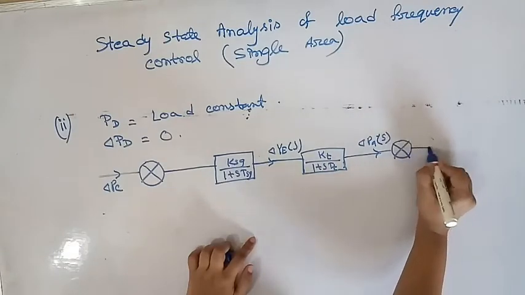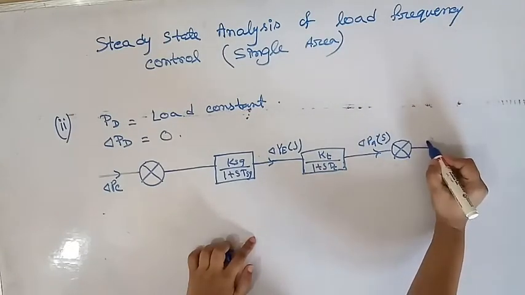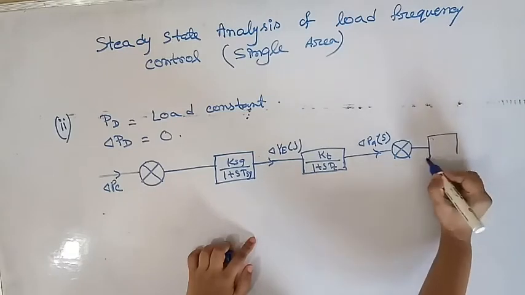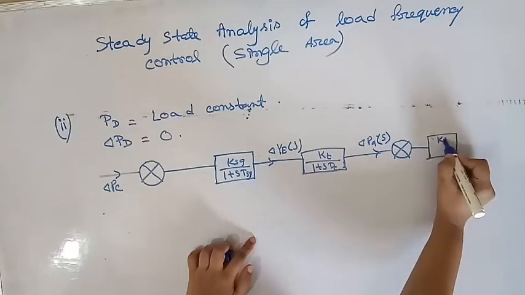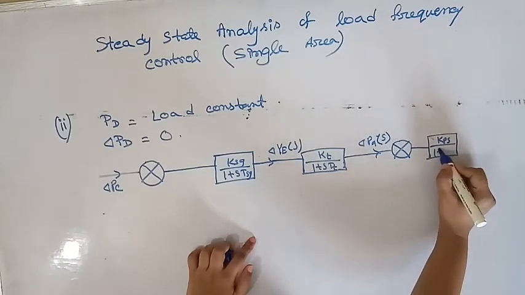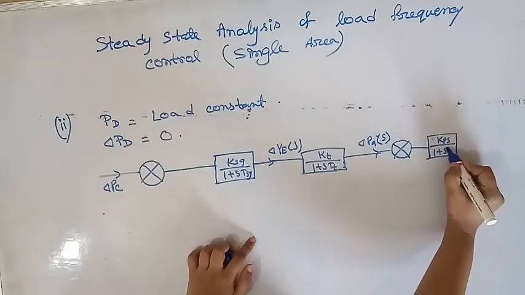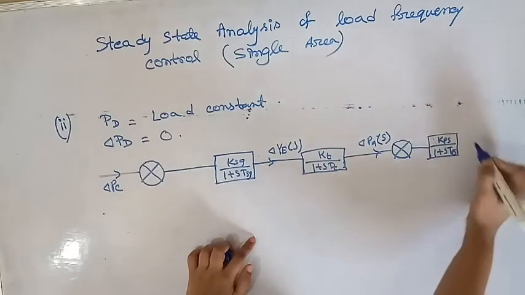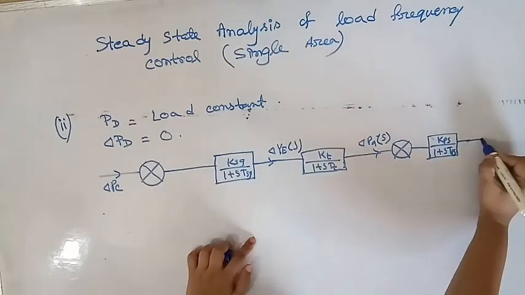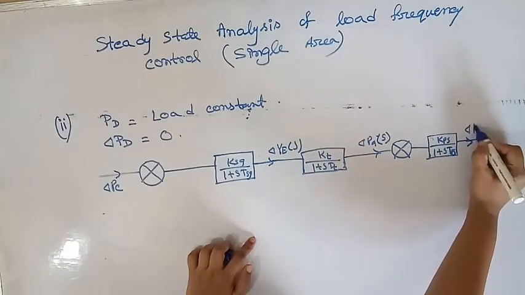This is the generator load model. Gain is KPS and time constant is TPS.